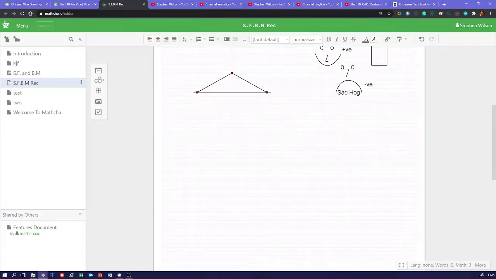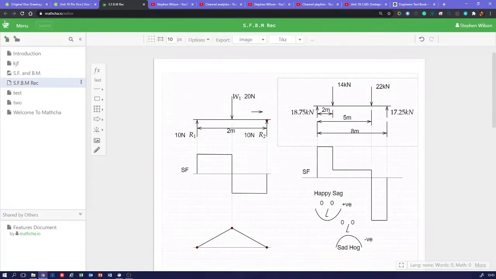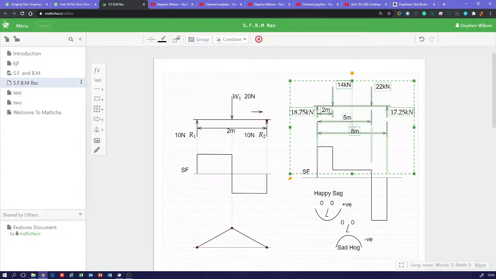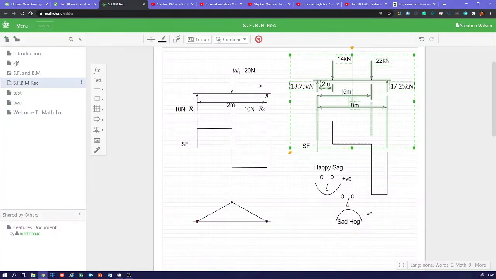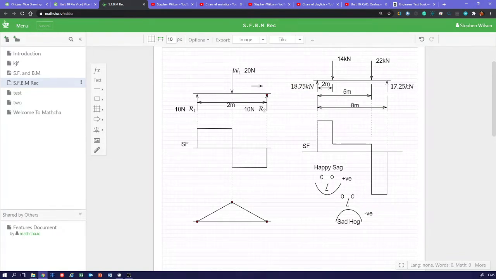We'll have a look at this example here, and we'll go through that to create a bending moment diagram, and then we'll unpick a UDL example. Okay, right. So I think I need to move this lot out of the way, don't I? Yes, I do.